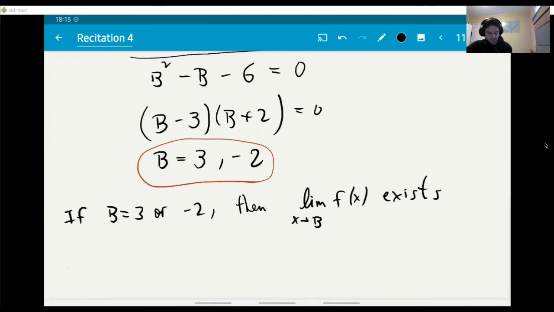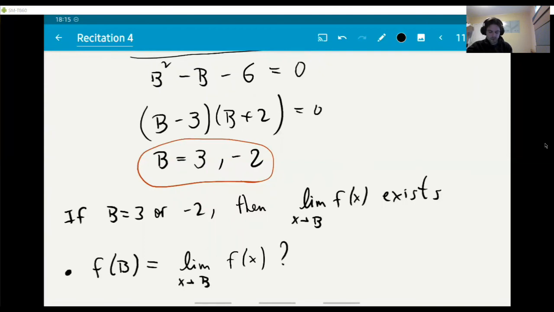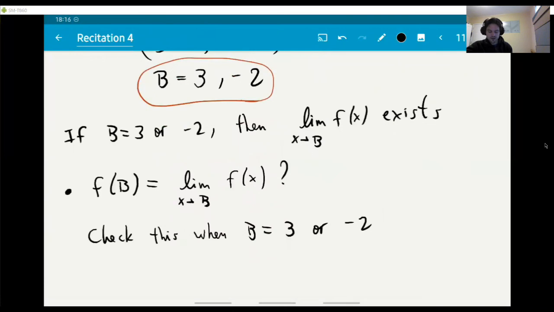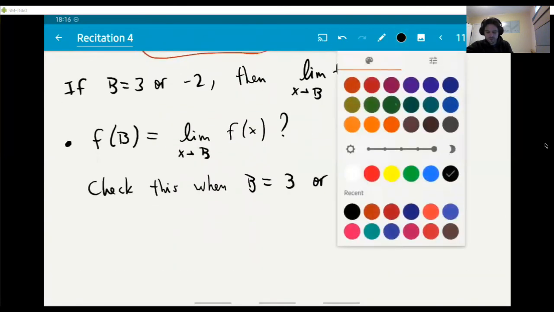Finally, for the third item, this is going to be true. There's some things to be checked here. Remember, what we have to do is check whether the value of the function is equal to the limit as x approaches b. Check this when b equals 3 or minus 2, the only two values that we had, and it is going to be true.